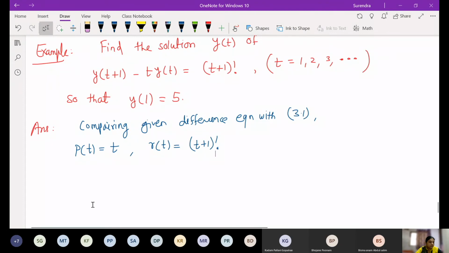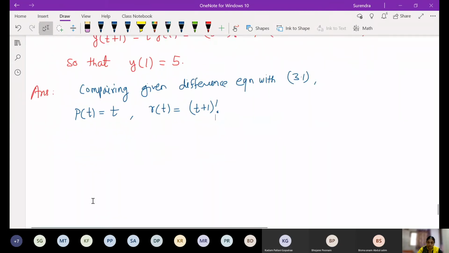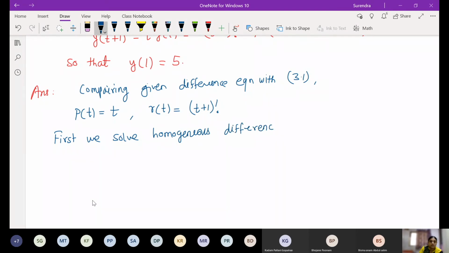Now, first we find the solution of the homogeneous equation because we require u_t, right? So first we solve the homogeneous difference equation to get the value of u_t.